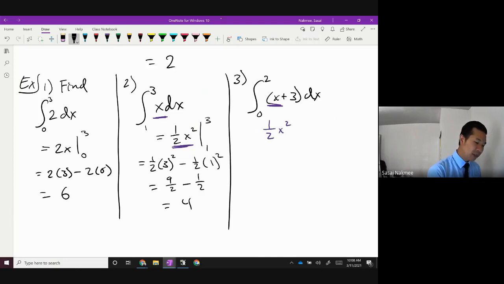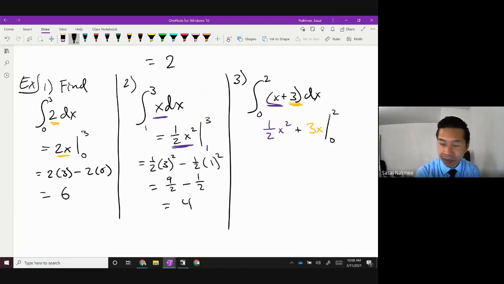Then we add the other function, 3. It's kind of like that 2 right there, but it's a 3 instead, so the integral of 3 would be 3x. You end up with 1/2 x squared plus 3x as the antiderivative of x plus 3. Evaluate this from 2 to 0.